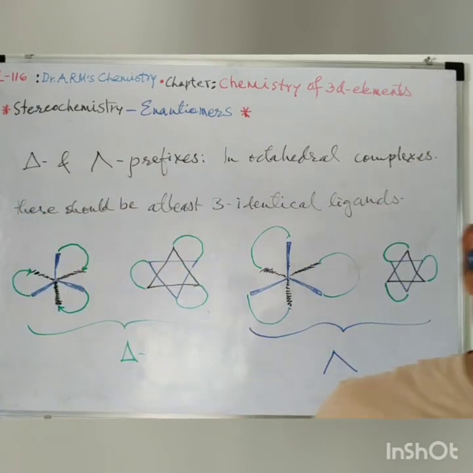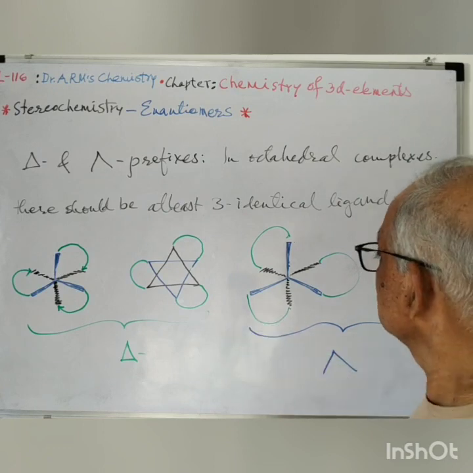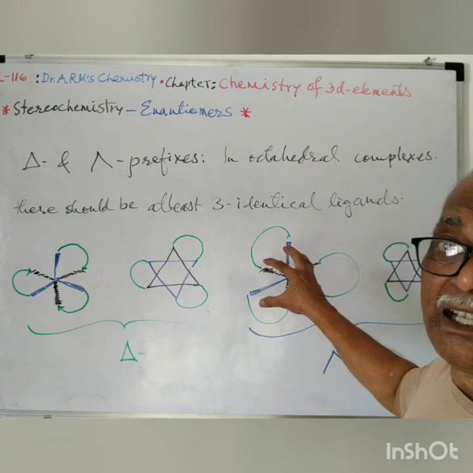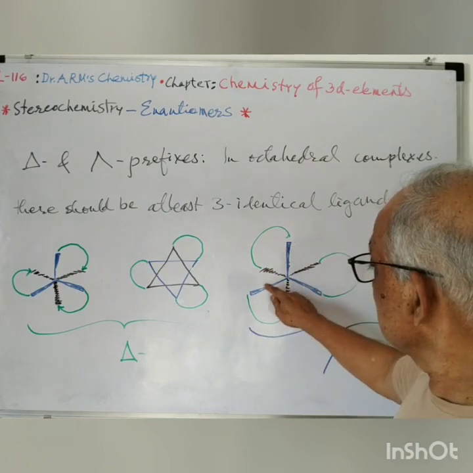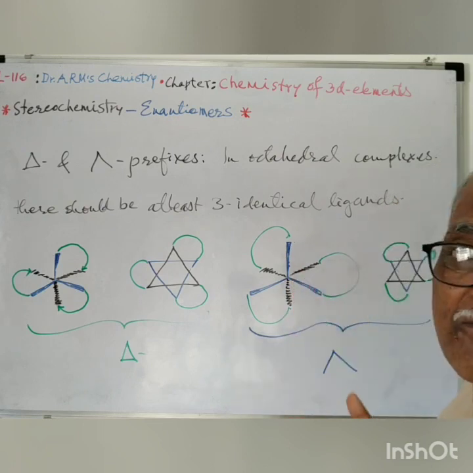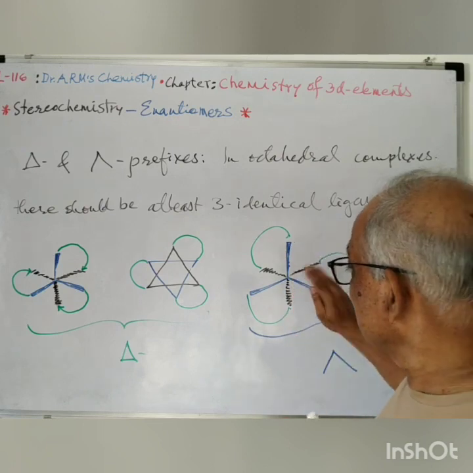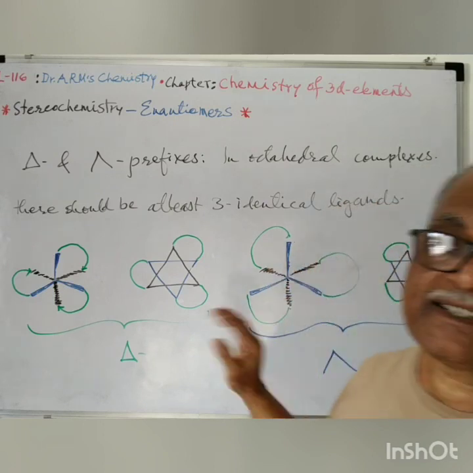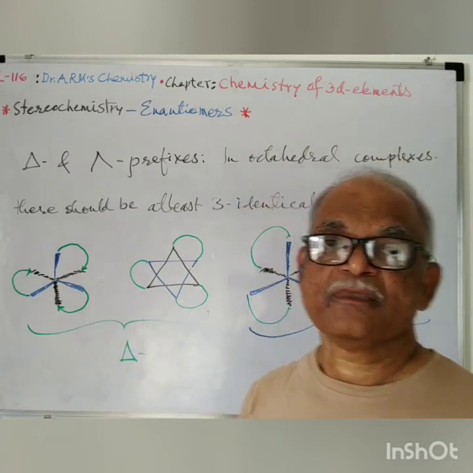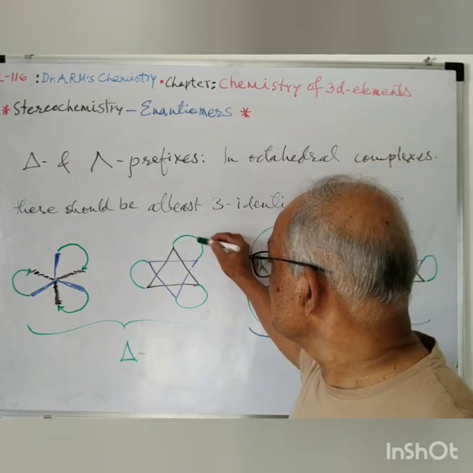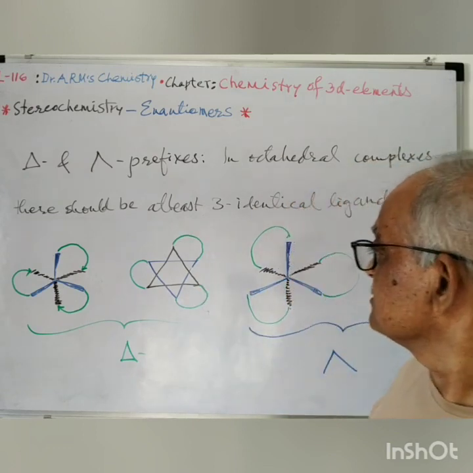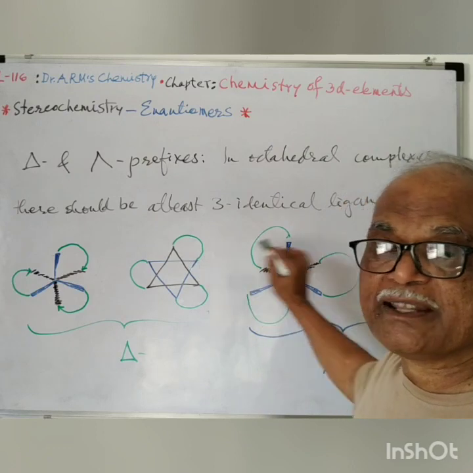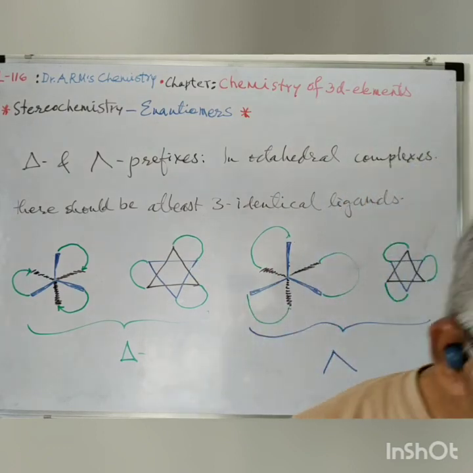Such type of structure is viewed so that three identical ligands are towards us and three other ligands are to the opposite side, and the linkage is in this way. In this case clockwise, in this case anti-clockwise.